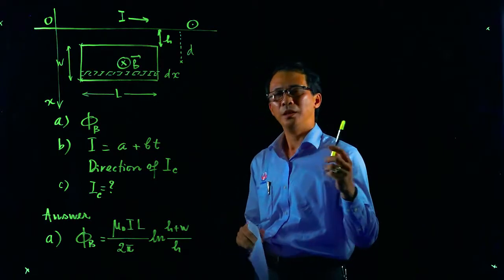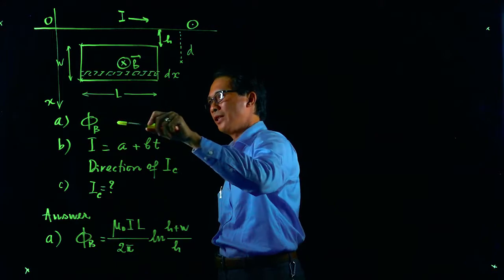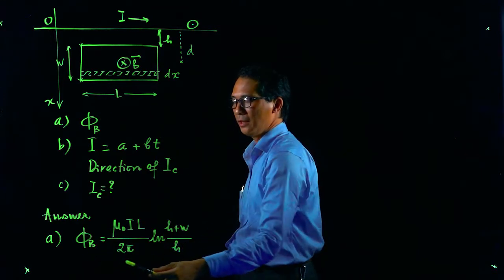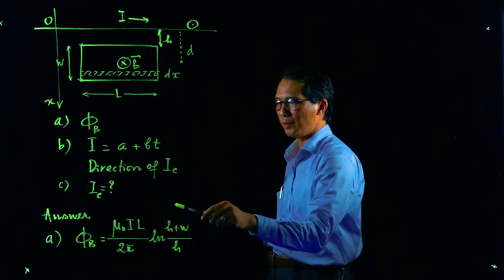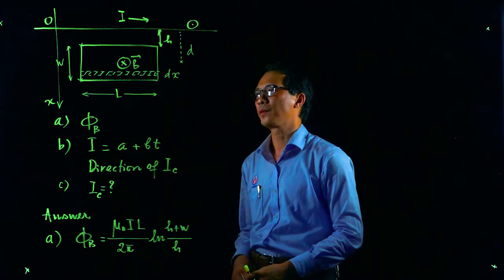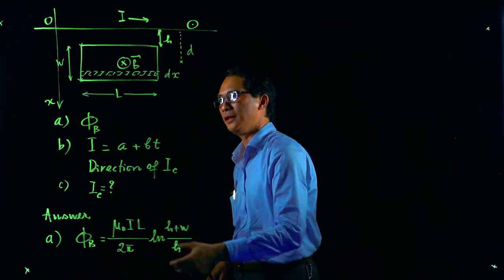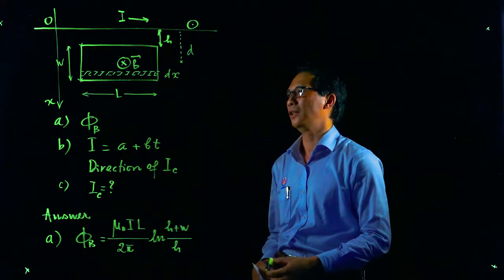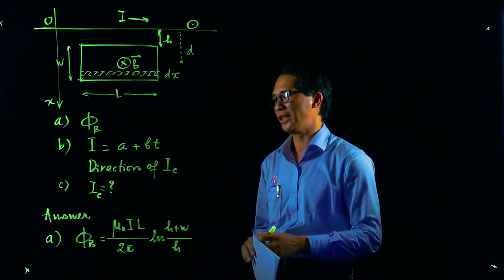Okay, so we have the first answer for question A. The phi B is mu 0 I L over 2 pi logarithm of h plus w over h. Now, this is the case in which I is a constant, or when we have the DC, direct current.